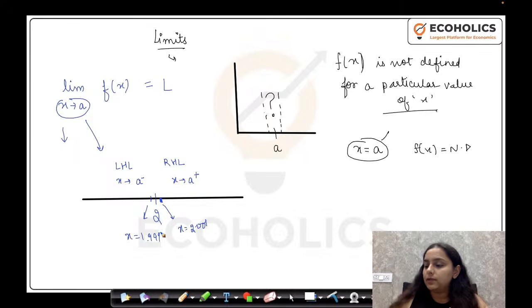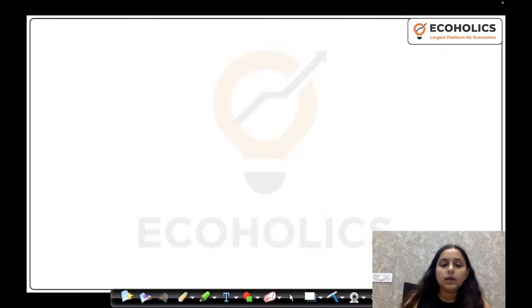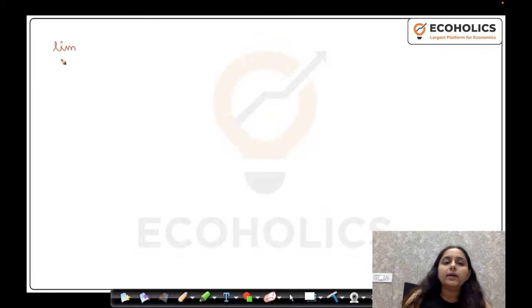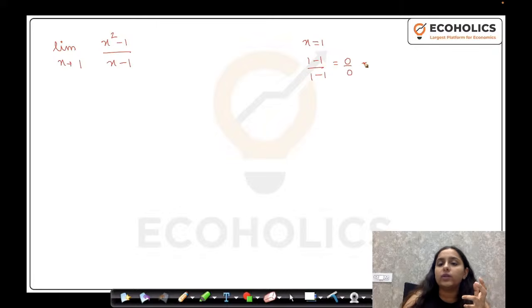For example, let's take one case. I'm saying limit x approaches 1 and the function is x square minus 1 upon x minus 1. Look, over here, if I put x equals 1, the function will be 1 minus 1 upon 1 minus 1. This is 0 by 0, which is not defined.